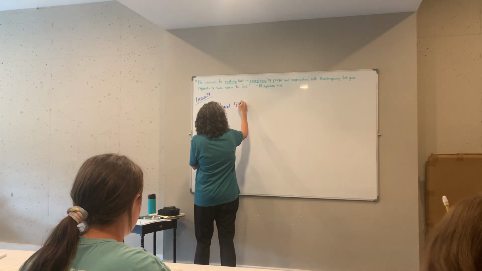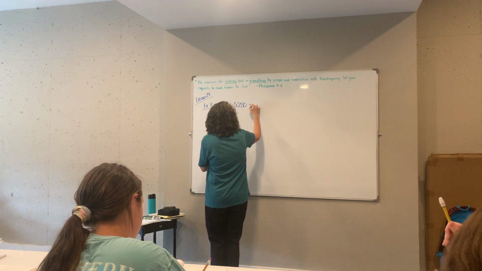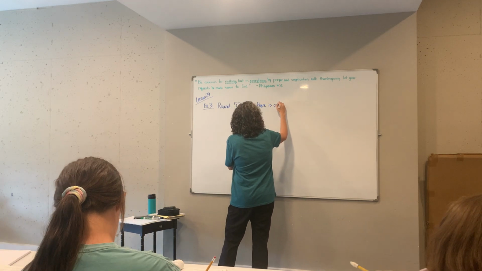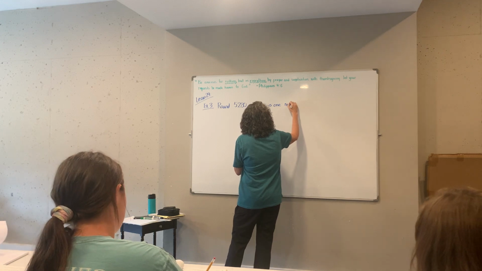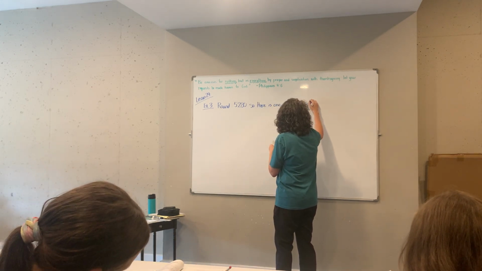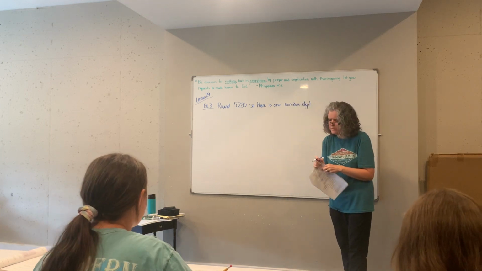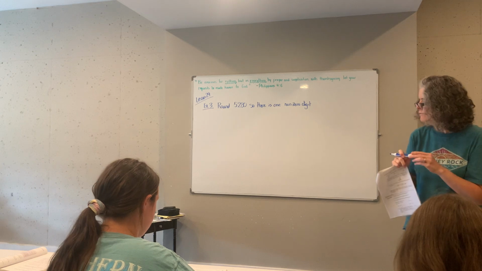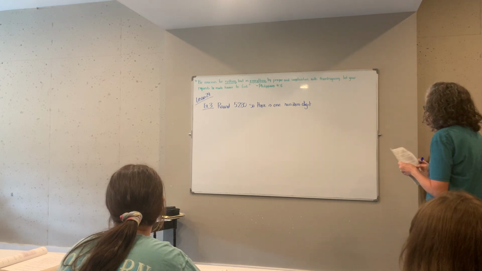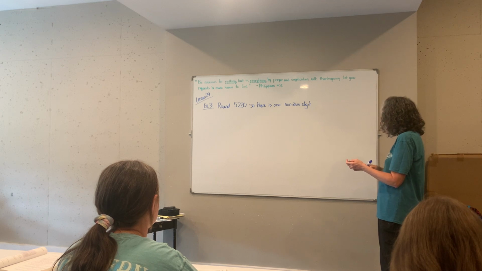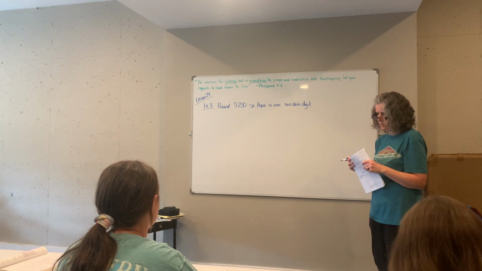Round 5,280 so there is one non-zero digit. I want to talk about this one because it's not that hard, it's just the way they word it. It's kind of confusing. Round 5,280 so that there is one non-zero digit.